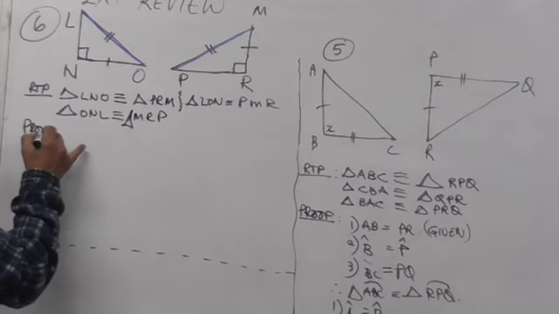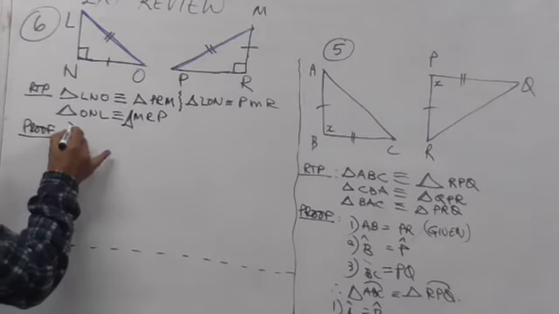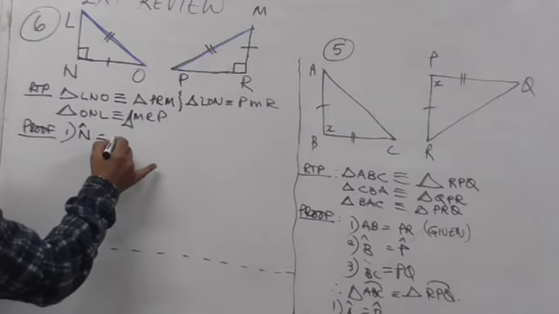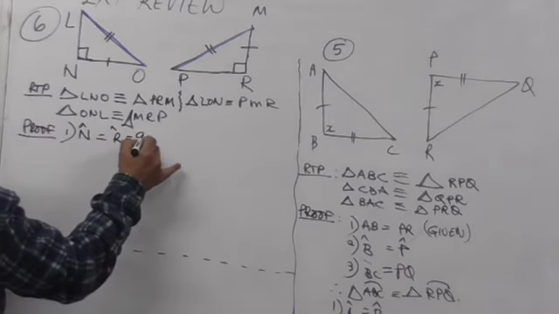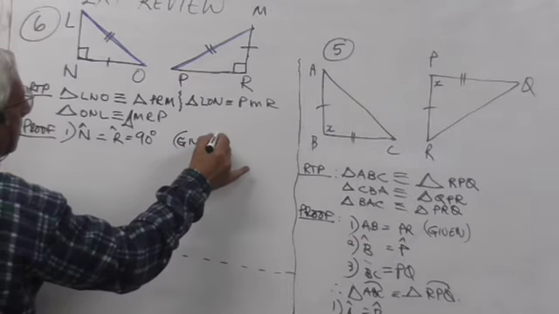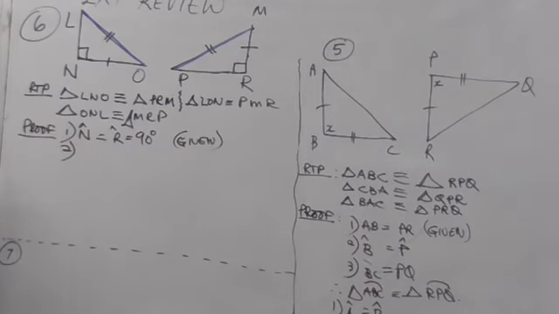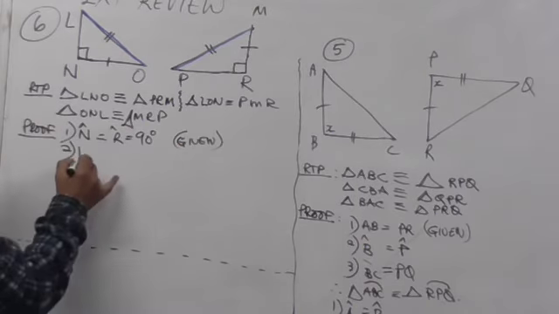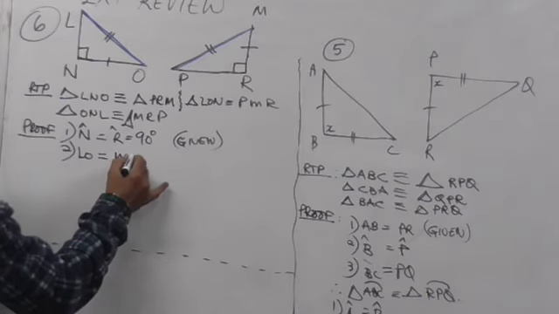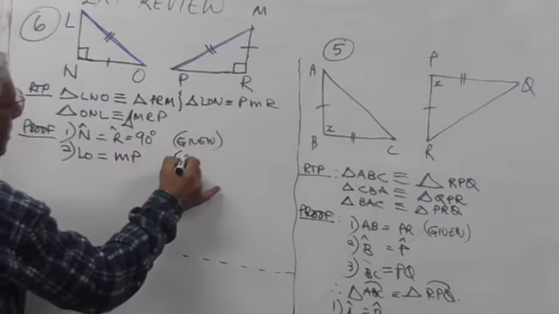Proof. 1. Angle N is equal to angle R is equal to 90 degrees. That was given. Number 2. LO is equal to MP. That was also given.